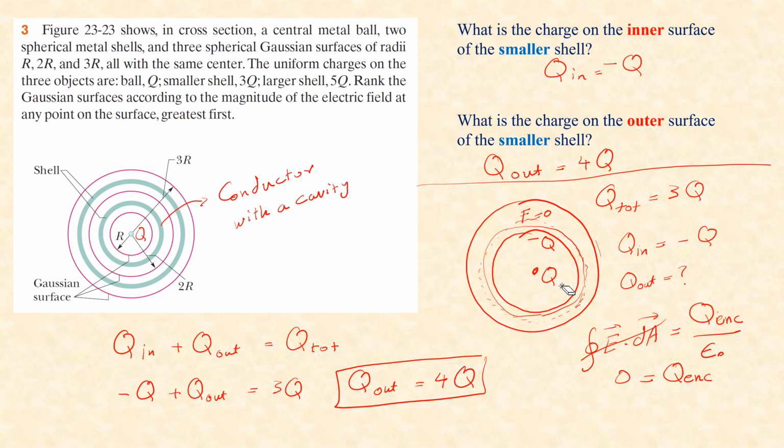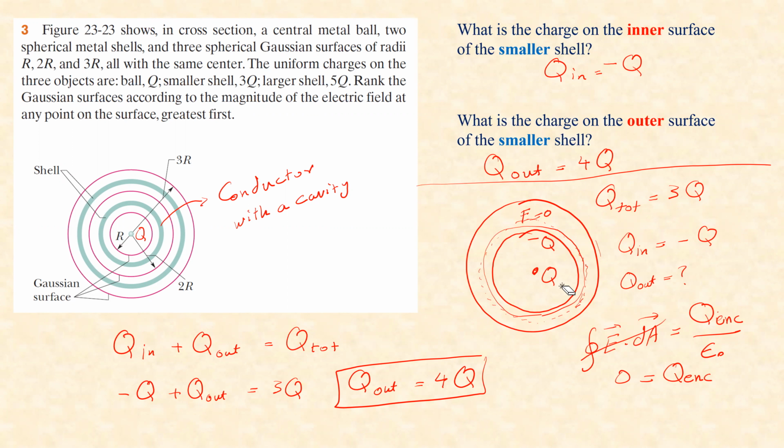And then if you make this Gaussian surface smaller and smaller, approaching the inner surface but keeping it inside the conductor, you see that negative Q has to be on the surface of the cavity, or the inner surface of the shell.